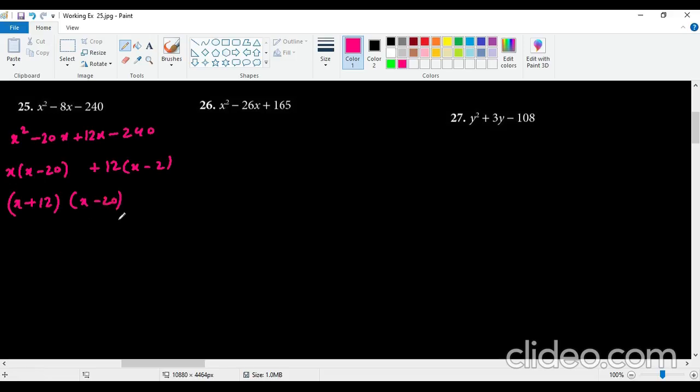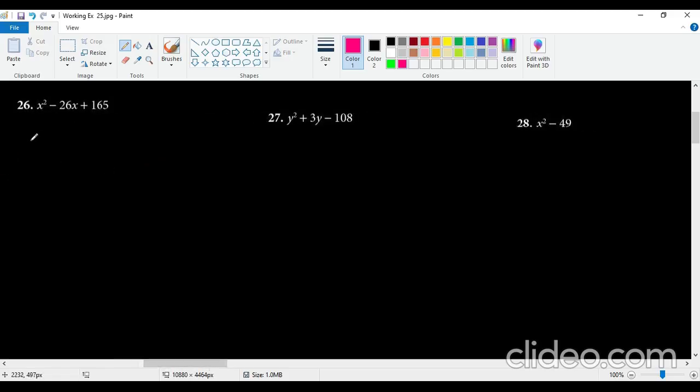Moving on to the next question, which is giving us 165, and the factors of 165 are going to be 15 and 11. x square and plus 165 in the corners, and in here minus 15x and minus 11x, because 15 times 11 is 165, and minus 15 and minus 11 is going to give us a minus 26. x minus 15 in one bracket, copy down another bracket like this.